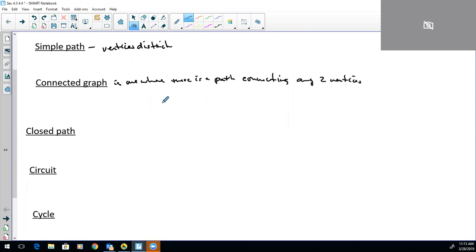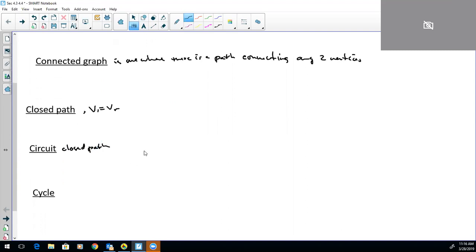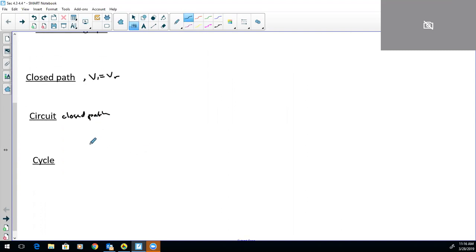Closed path. In a closed path, we have our initial vertex is our final vertex. Okay. A circuit is a closed path of a particular type where all of the edges are distinct. I'll do an example here in a minute, but you don't go over any edge twice.